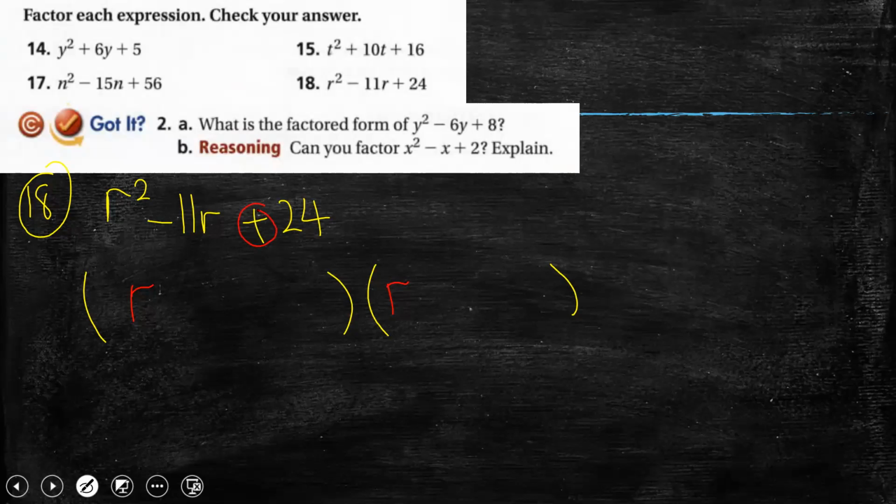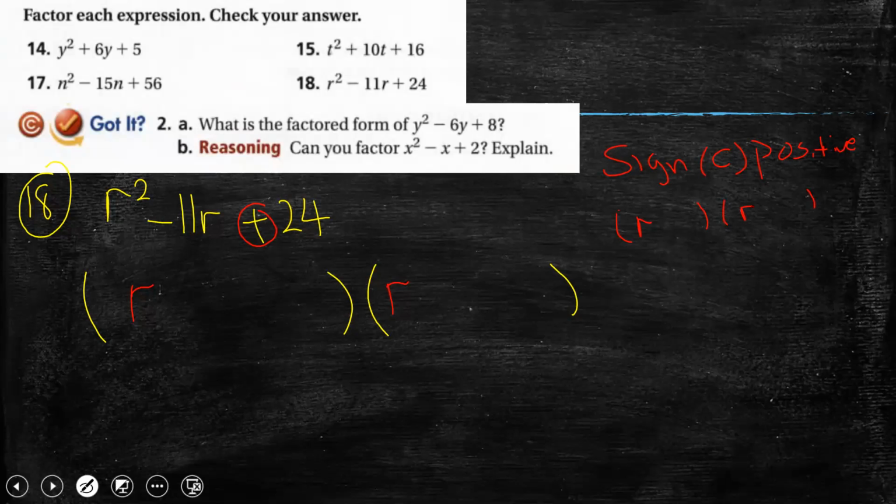If the sign of c is positive, that means the signs for the two brackets here are the same.